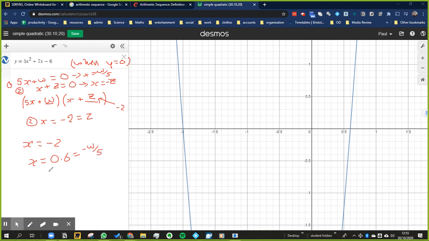So now we would multiply that, which means w is equal to minus 0.6 times 5. Let's just do that in the calculator. I've got this feeling that I've made a mistake at some point. It's got a bit complicated, doesn't it? -3.